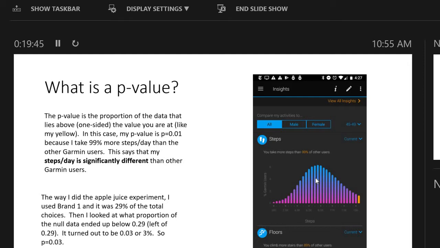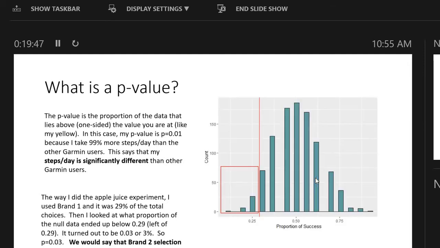So when we did the apple juice experiment, let's just look back at that. You guys were saying that this was confusing. That's the feedback I got. A significant portion of you said that it was confusing. So when we generate this, this is the null distribution. 29% is the bar; 29% said that they preferred brand 1 over brand 2.